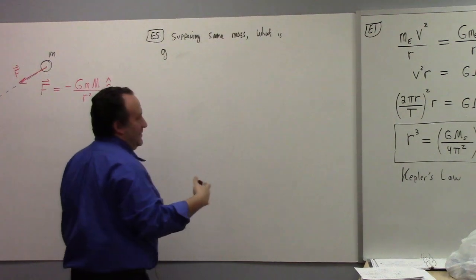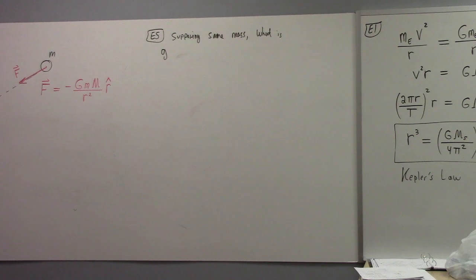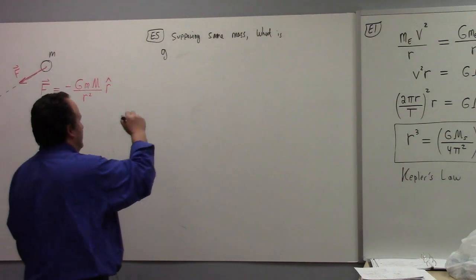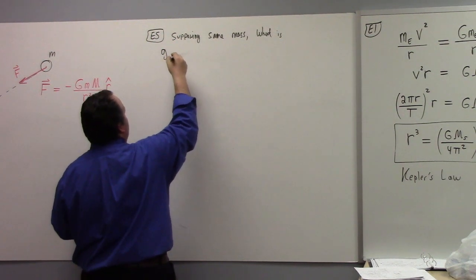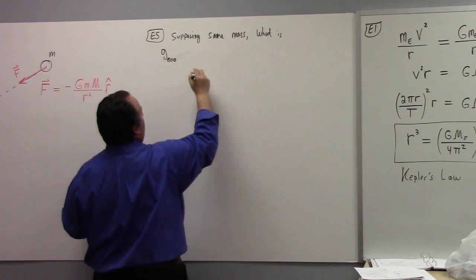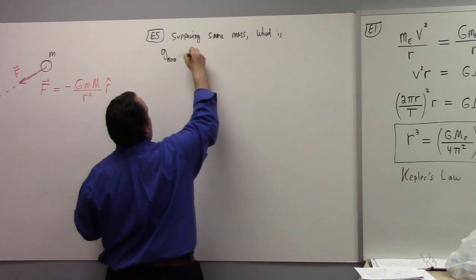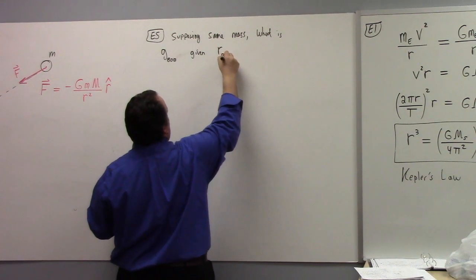G means 9.8 meters per second squared, right? We have a fixed meaning for G in this course, so making G a variable is kind of like making 7 a variable. You shouldn't do it. So let's say G, I need to come up with a name. Bob. There we go. What is G Bob given the radius for Bob?